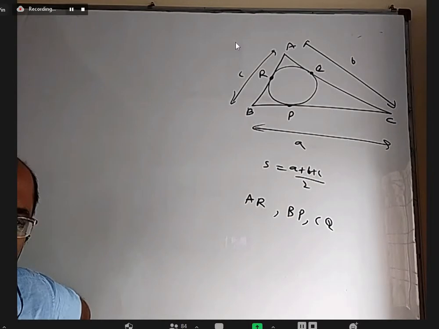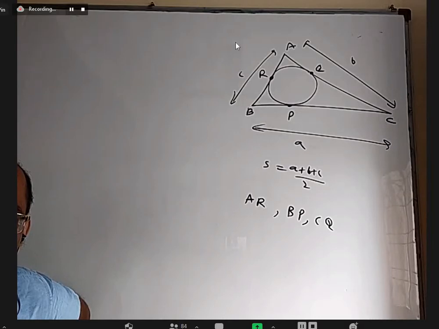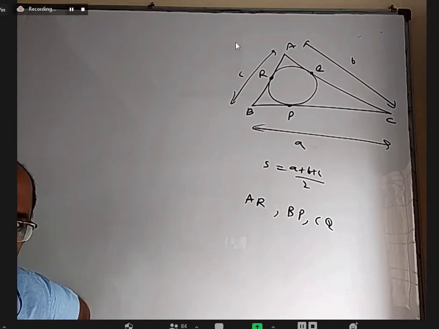I specifically said I want it in terms of S, A, B, C. r cot A by 2 is good, we'll use it in another way later on.